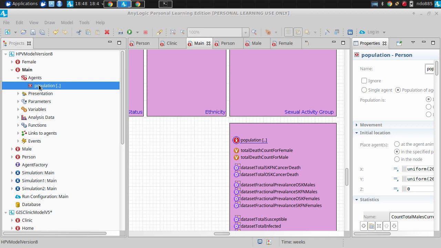So if you have things in common, another example might be, again, think of West Nile. If you have persons and you have horses, maybe they would have in common a general natural history of infection, but they differ in the parameter values, the timings with which they progress. You could easily capture that.